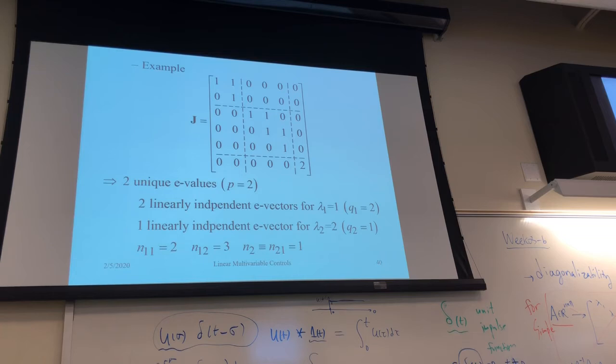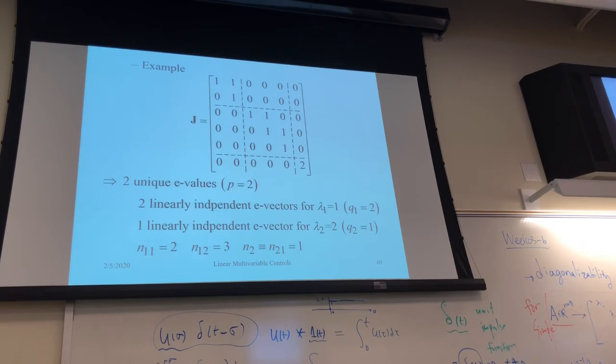And N11 is 2, a 2 by 2 matrix. N12 is 3. And N21 is only 1. Make sense? Jordan blocks are confusing.